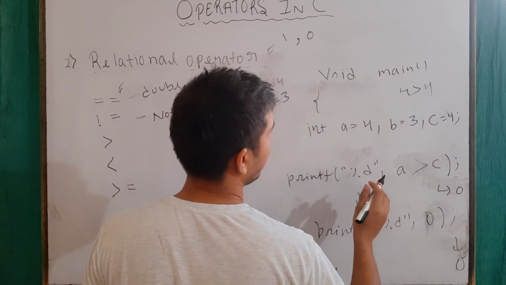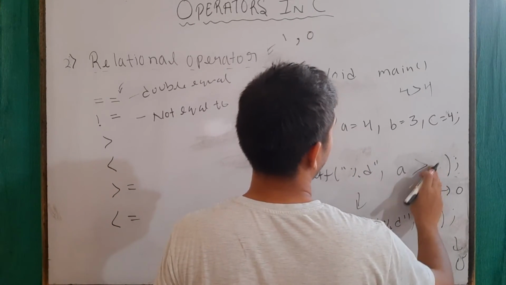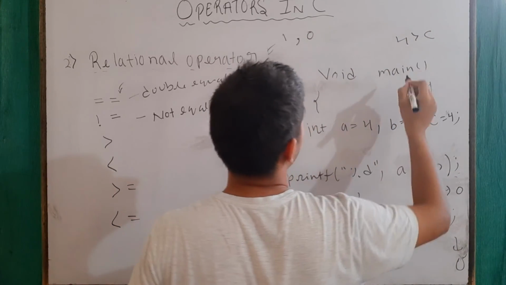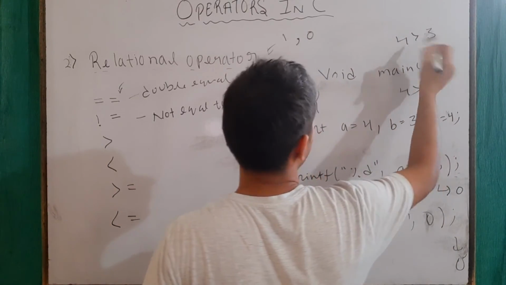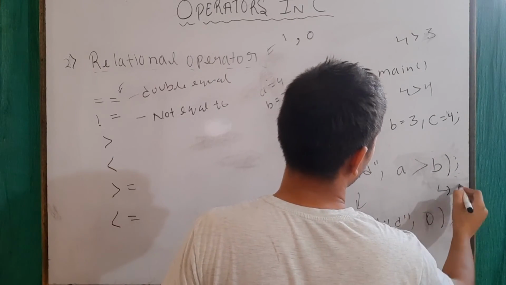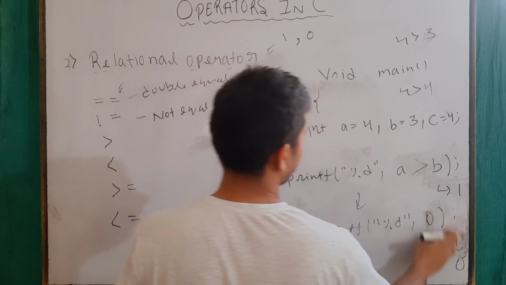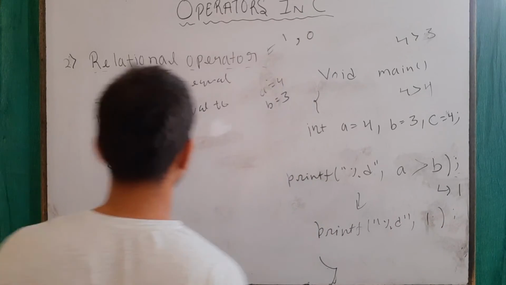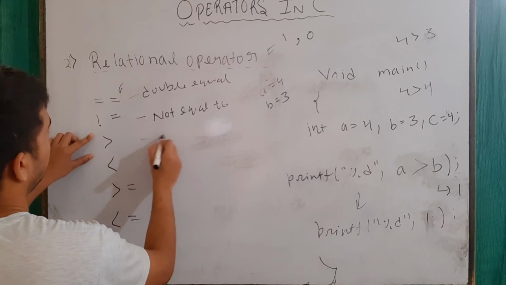Now if I ask here, if A is greater than B, is 4 greater than 3? Yes, it is. So the condition is true and it will give us 1 as an output. Right? So this was the greater than operator.